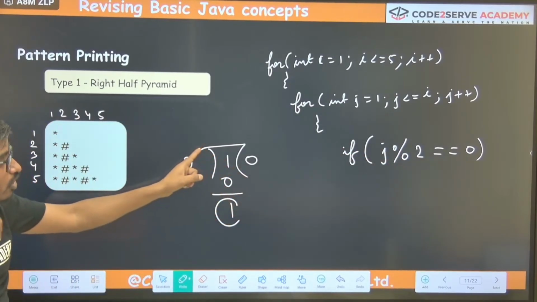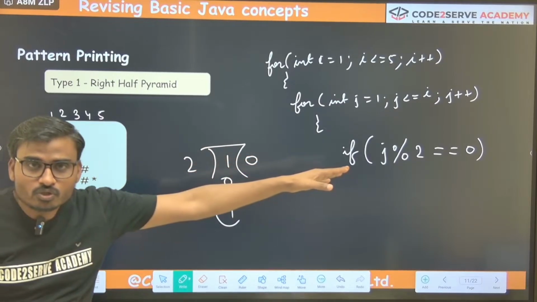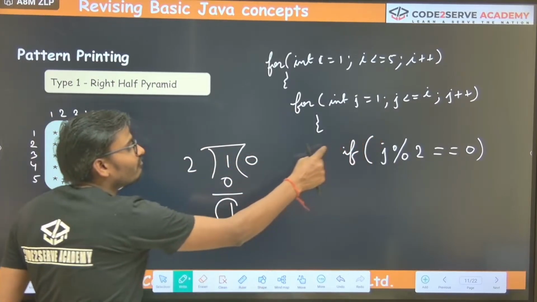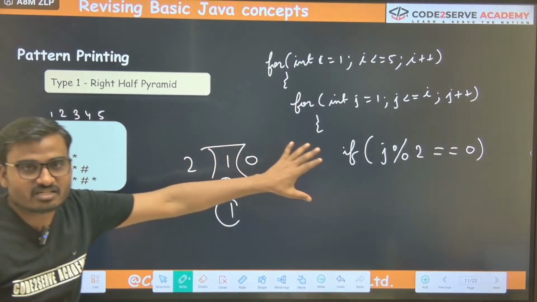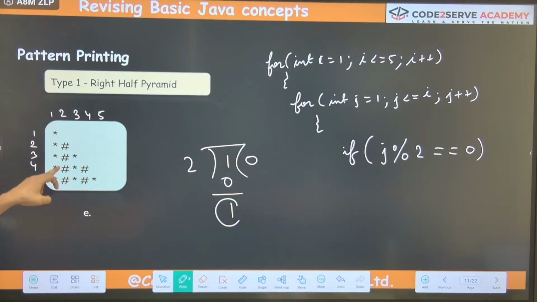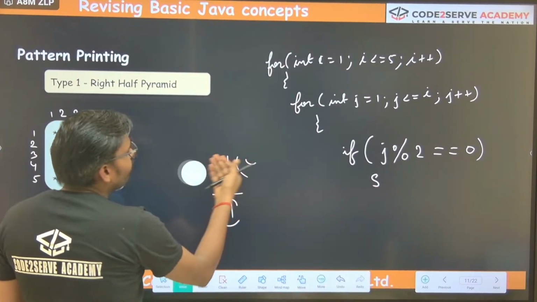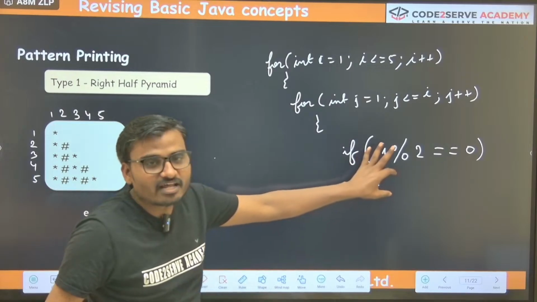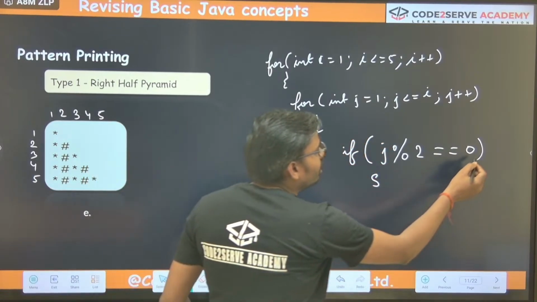But when the value of j is even, that time you will get 0. That means this is a condition for the even part. When the j value is even, we have to print hash. So we'll write system dot. Over here, if there is only one line, you don't need to give the curly braces.